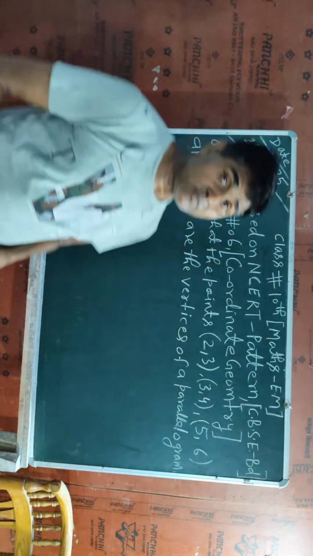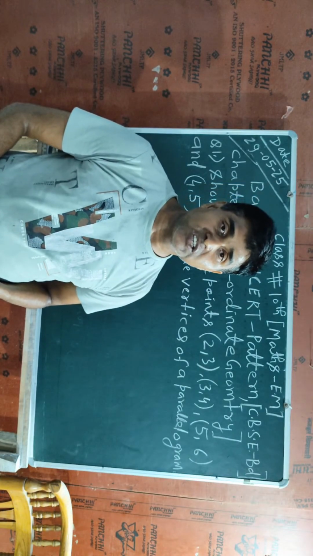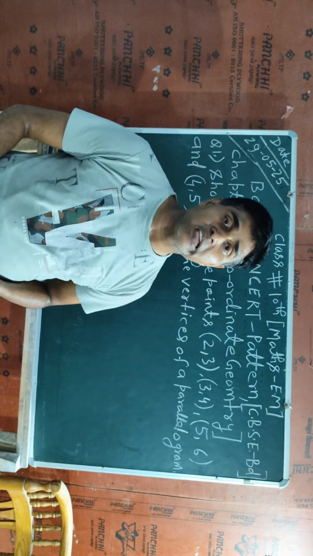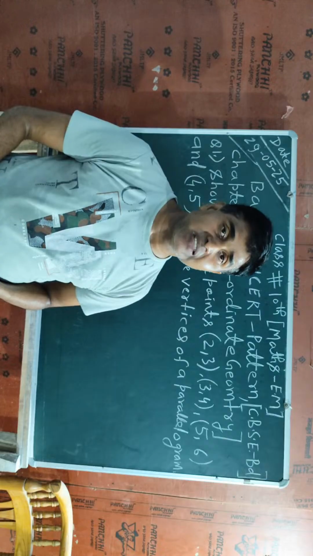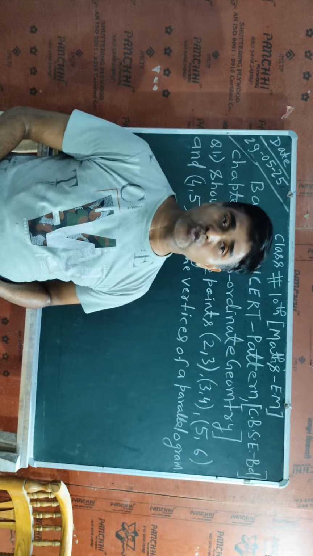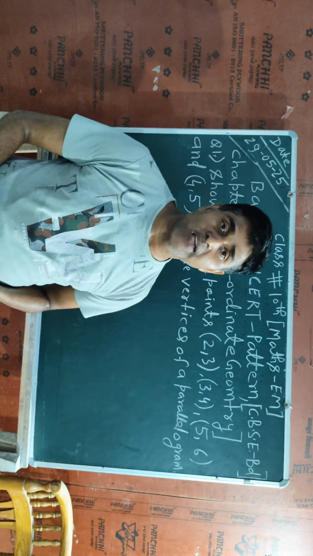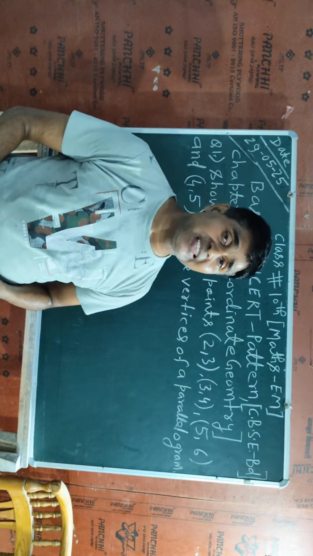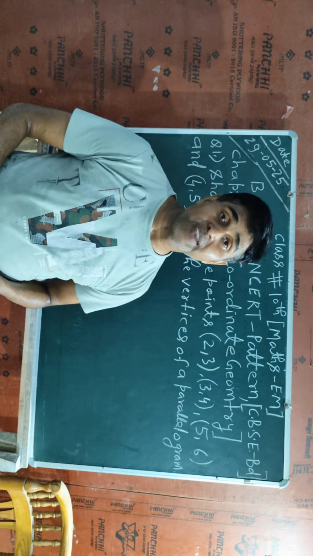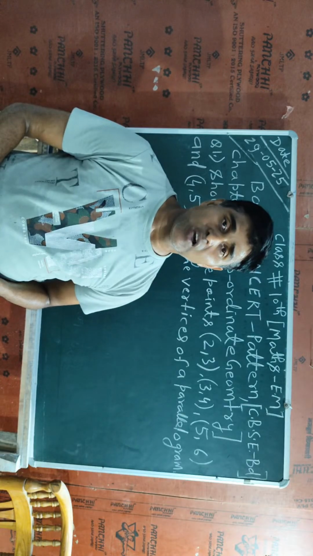Now in coordinate geometry I have already discussed with you the distance between any two points in a Cartesian plane. It means that if there are 2 points in a Cartesian plane, we will find the distance between the 2 points by using a formula. The length is equal to the square root of the difference between abscissas whole square plus the difference between ordinates whole square.